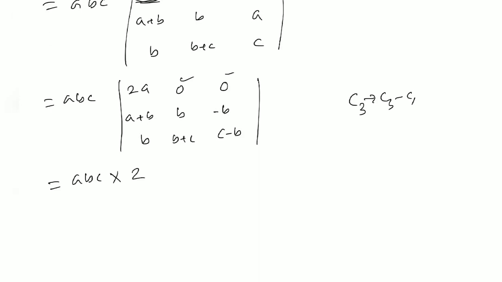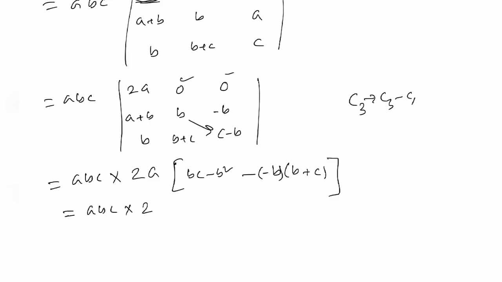You only need to write 2a, multiplied first by b into c minus b, so that you get bc minus b square, minus b plus c. Now that you have a minus sign over there, just put it into bracket, b plus c. What you need to do is the simplification. That's pretty easy.